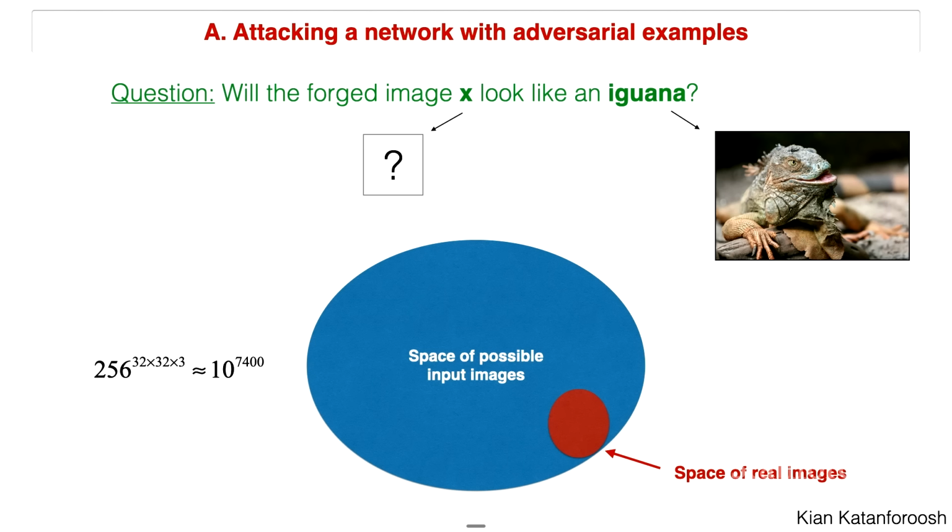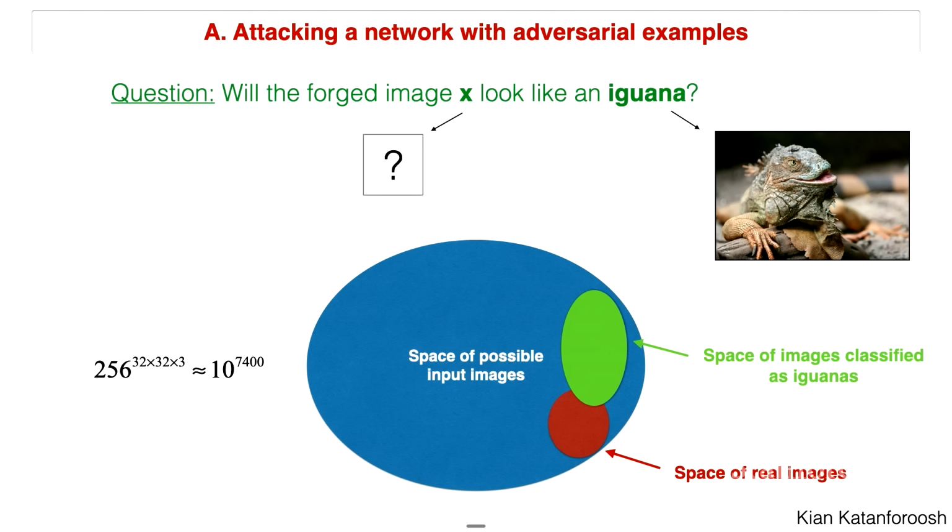The blue space is this size because the model can take anything as an input. 256 pixel values on a 32 by 32 by 3 channels is gigantic. It's way more than the number of atoms in the universe. And so it is very likely that, because of the way we defined our optimization problem, our image will fall in the green space, the space of images that are classified as iguana.